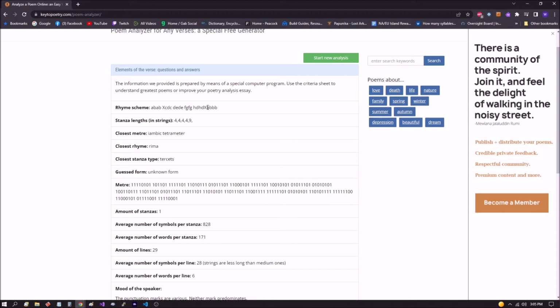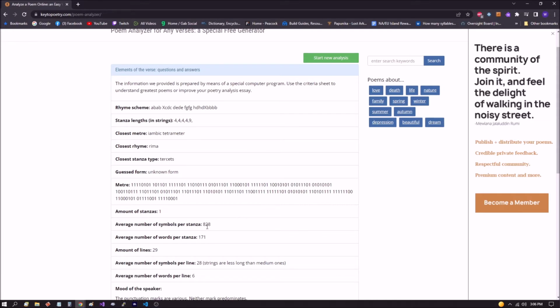Now look at what it did here. It screwed up. For some reason, it's counting one of the blank lines, and I don't know why it's doing that. It should be H D H D and then a space and then B B B B. So there's problems with this code, obviously. And if you look down here, a number of stanzas, 1. That doesn't make any sense either.